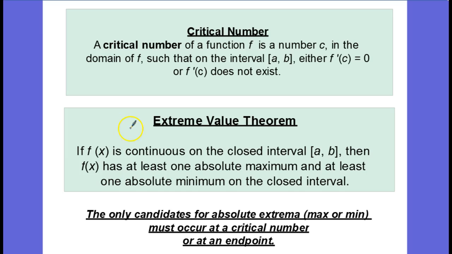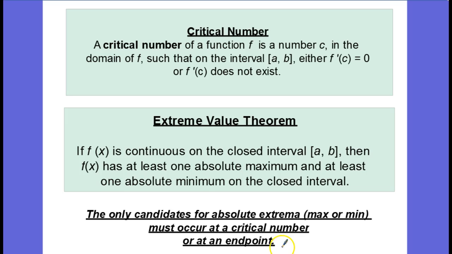So the extreme value theorem says that if f of x is continuous on the closed interval from a to b, then f of x has at least one absolute maximum and at least one absolute minimum on the closed interval. And what we know is that the only candidates for absolute extrema must occur at a critical number or at an endpoint.